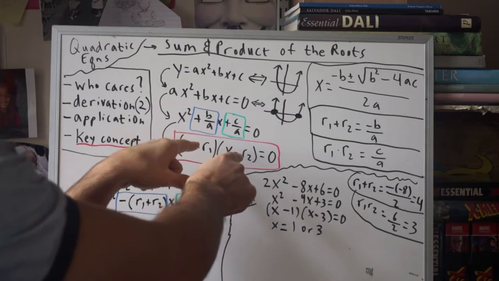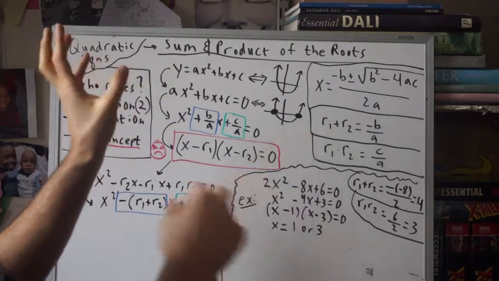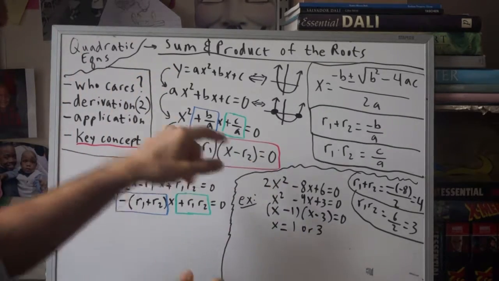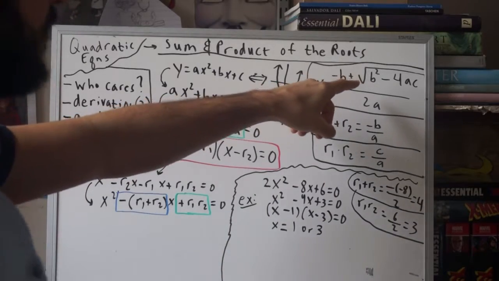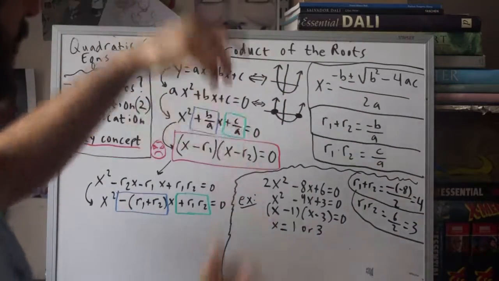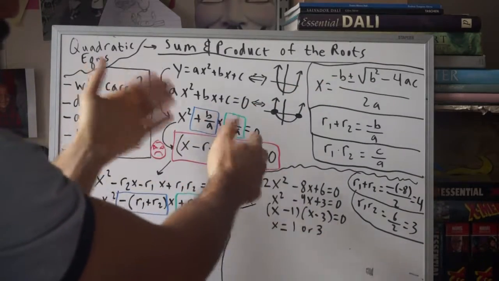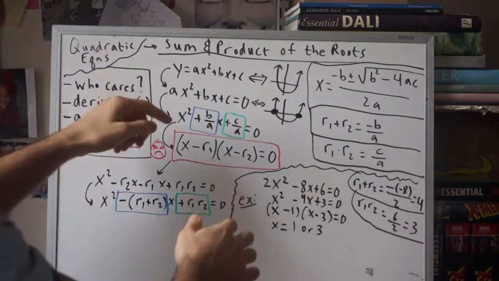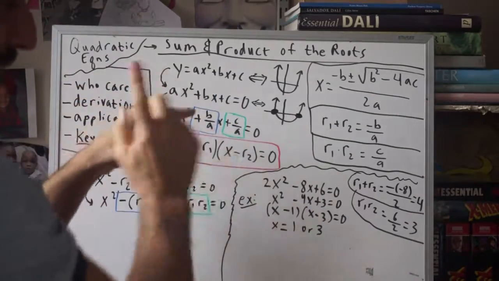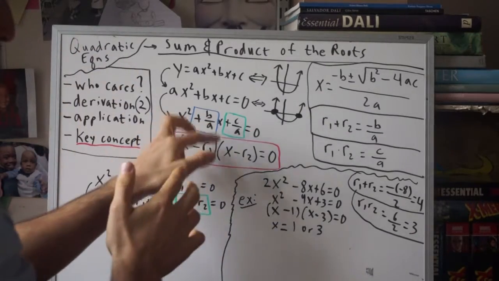It may not be like 1 and 2, it may be square root of 7 plus 5 over something, it may be really ugly numbers. But the point is, even when you have to use this formula, if from some divine way you could know what the roots are, you could still factor it, except in practice, you're never going to figure these out if they aren't nice numbers. Okay, so this can always be done. That's the key point. Not just when it's nice, but even when it's ugly.